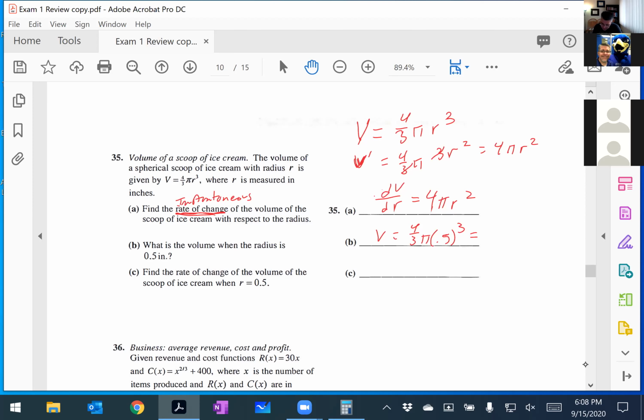So V prime, which is the rate of change, that's delta V over delta r, is the instantaneous rate of change. Now, unless they tell you that it's average rate of change, you must assume that it's instantaneous.